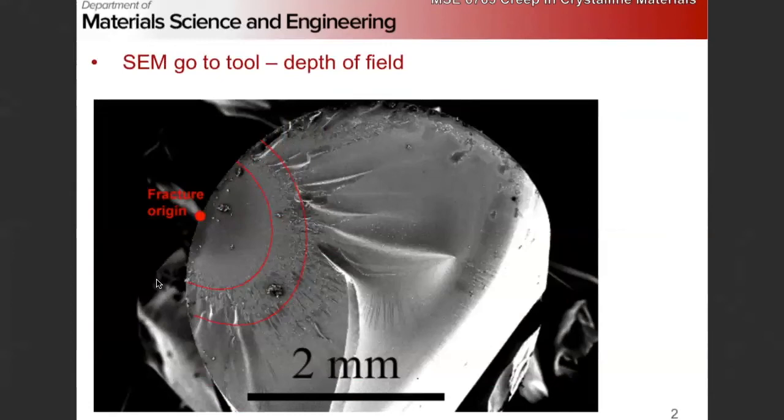But you can always sort of move your beam, right? In the same way that in optical you can change your focus plane and take a whole bunch of images, and people have done that. But more importantly, you need to have an electron transparent sample, right? So how do you make an electron transparent sample of a 3D fracture surface, right?